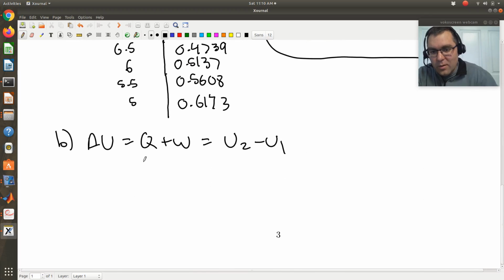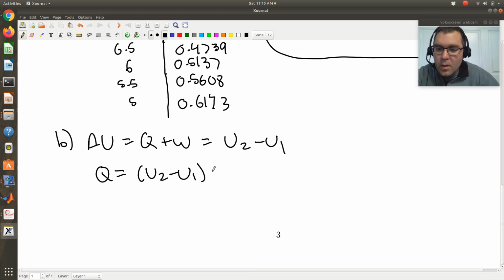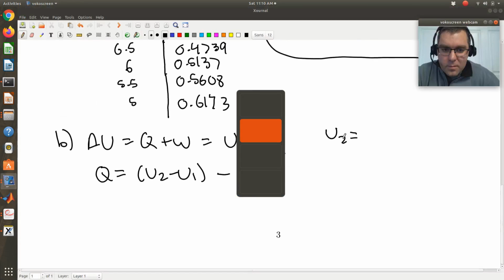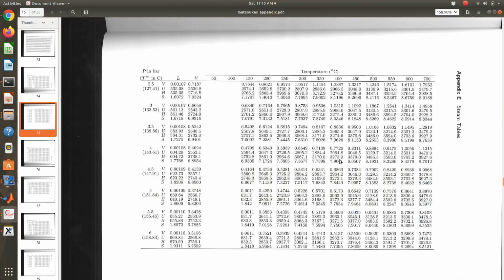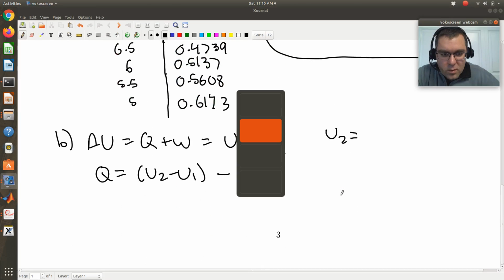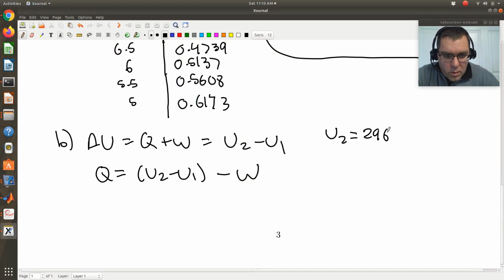So I'm going to have that Q is equal to U2 minus U1 minus W. So let's look up U2 and U1. For my superheated steam tables, at 5 bar and 400 degrees C, U is 2963.6 kilojoules per kilogram.